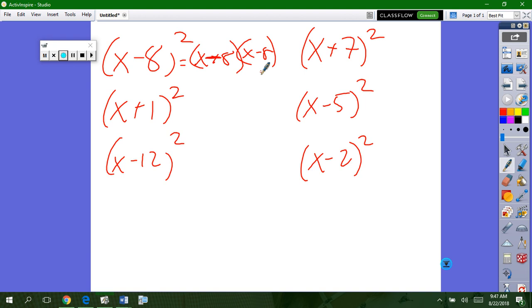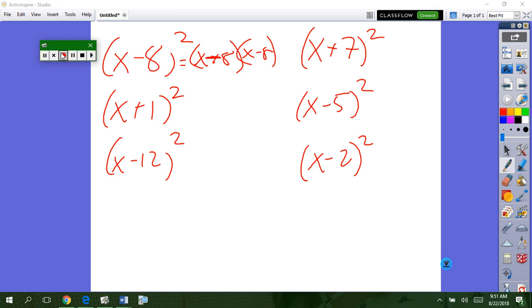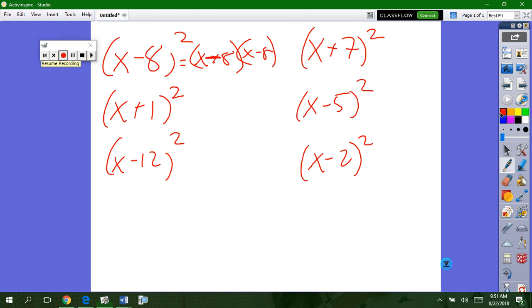Okay, I'm going to push pause and get this stuff, okay? We're going to be looking for a pattern. So on the bottom, this one, what did you guys get? Let's go right here. Careful. 7 times 7. You're okay.